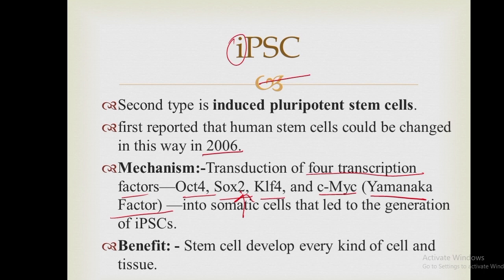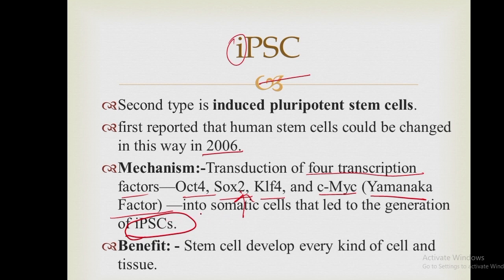They got a positive result in this research, and in human cells, if we express these four Yamanaka factors in the somatic cells, it can be converted into a stem cell that will come as iPSC.